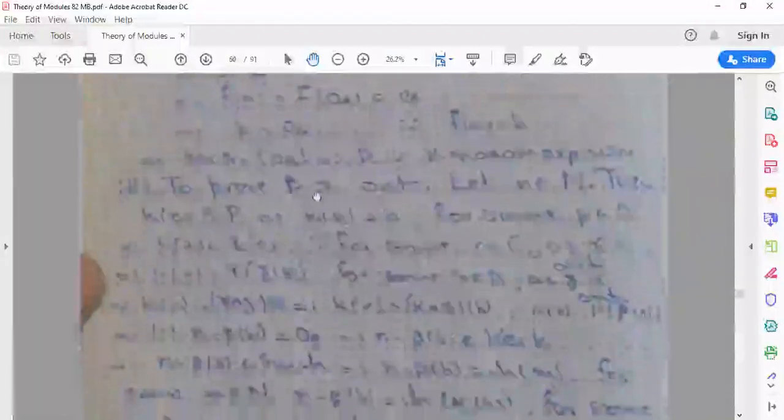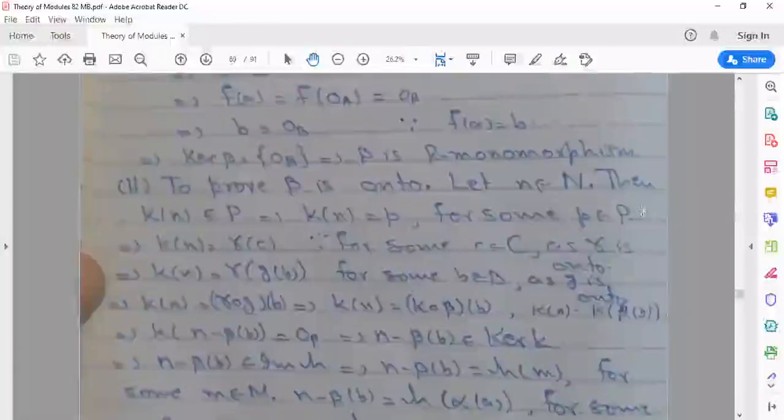Okay, so let n belong to N, then k of n belongs to P by hypothesis, k of n equals p, and p belongs to capital P by using function k.